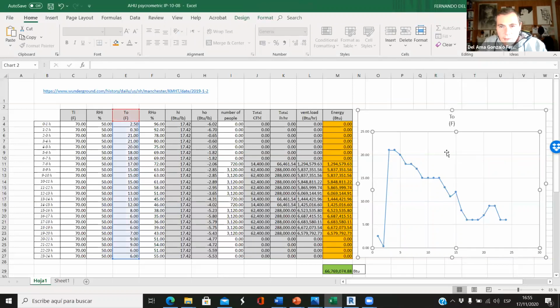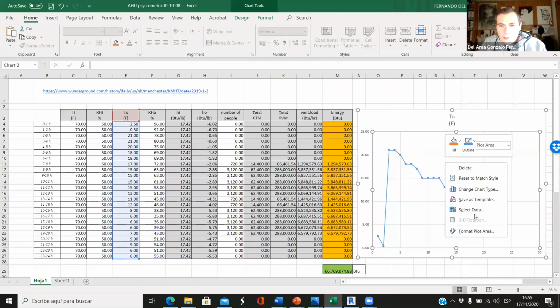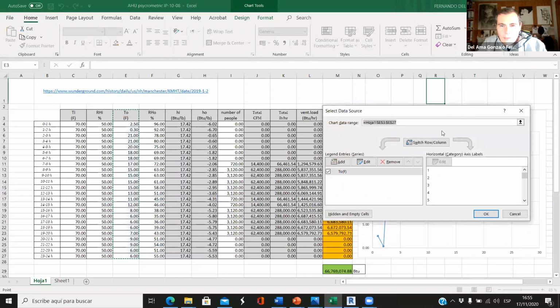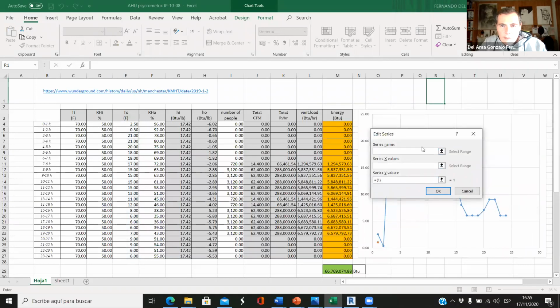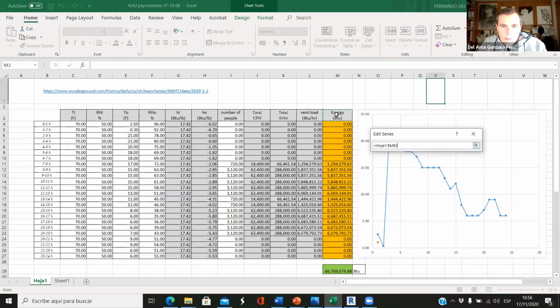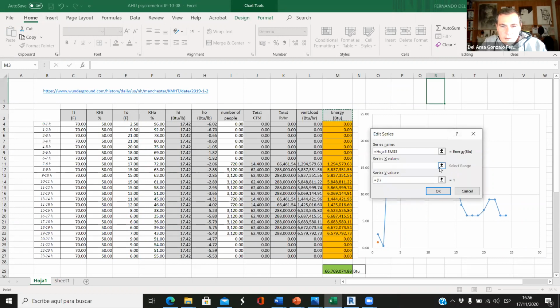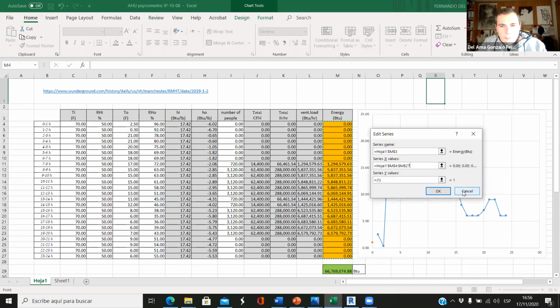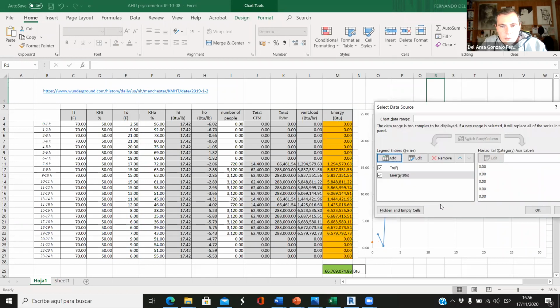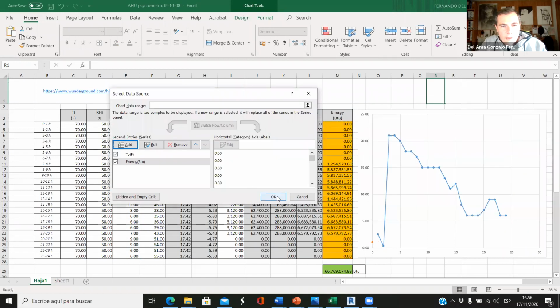Okay, so right click here, select data. We have to add the series name, energy. The values, all this column. We click OK. We click OK again.